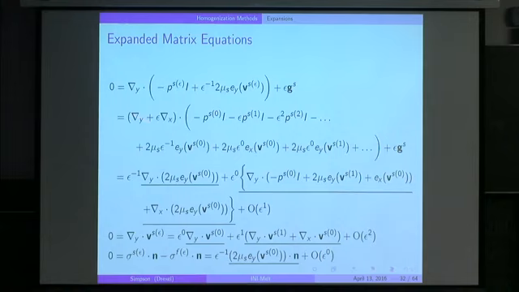I'll group these, and I didn't have enough room on the slide, so I just peeled off the first two terms. Because of this 1 over epsilon, this one stands alone at order 1 over epsilon. Epsilon 0 captures the solid pressure plus the slow strain rates of the solid at leading order plus a correction.